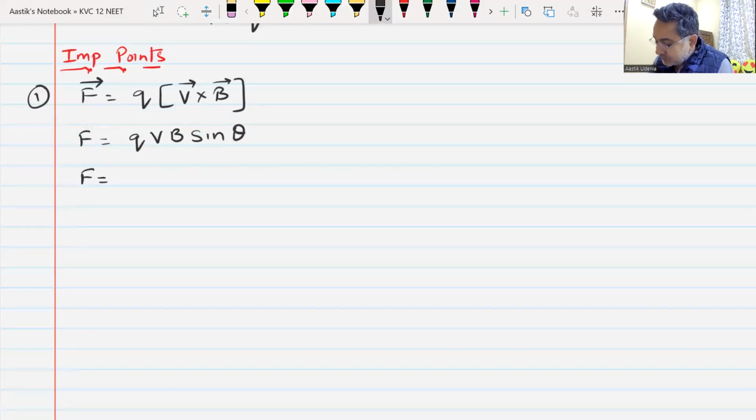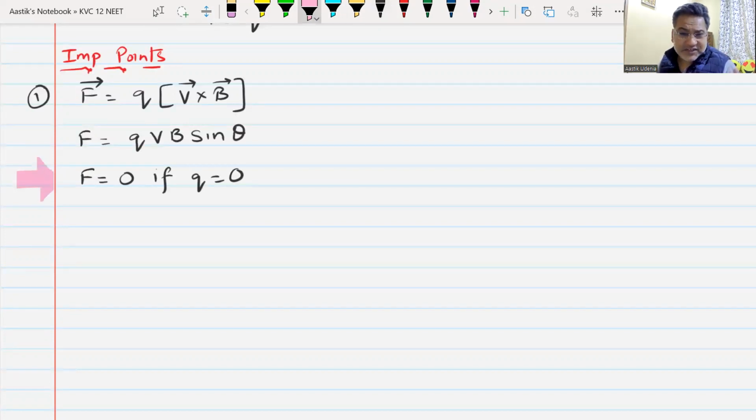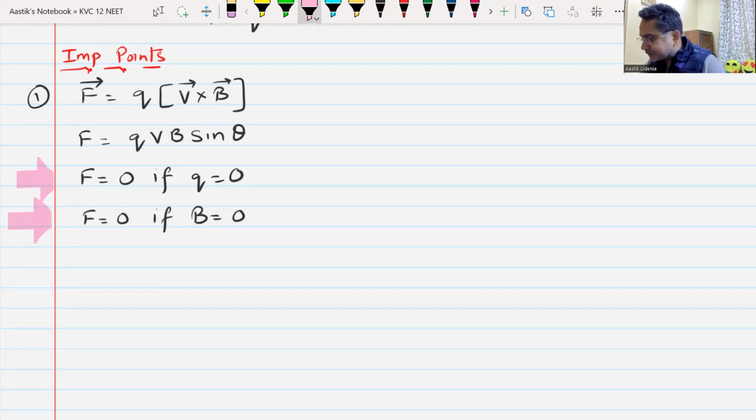This force will be 0 if Q is equal to 0. That is the first point. If there is no charge, obviously there is no force. This force is again 0 if the magnetic field is not there. So if there is no magnetic field, obviously there is no magnetic force.